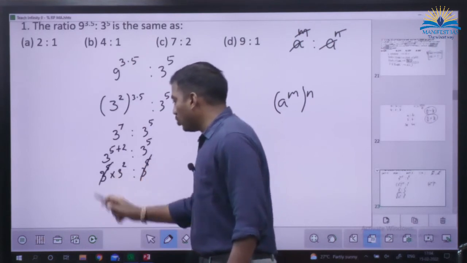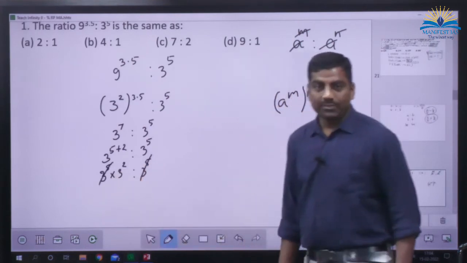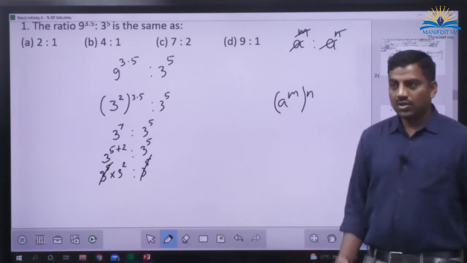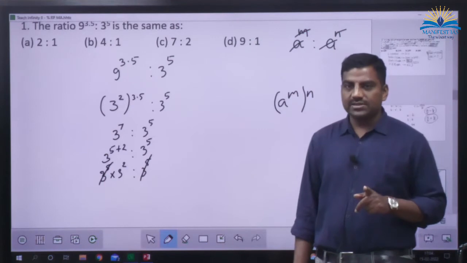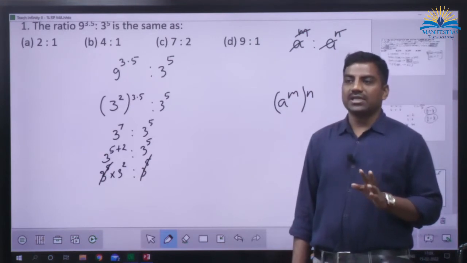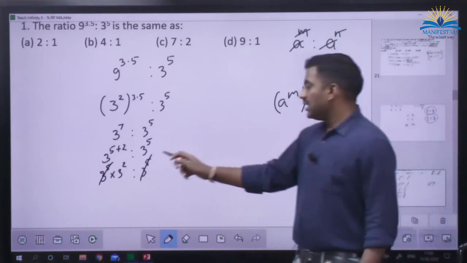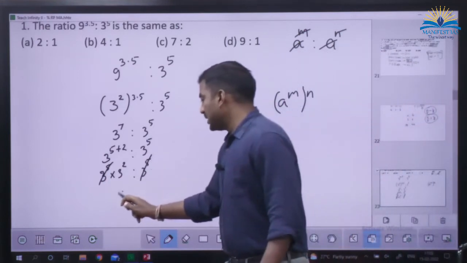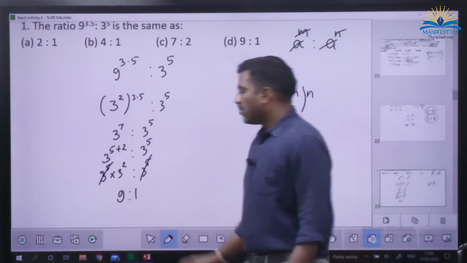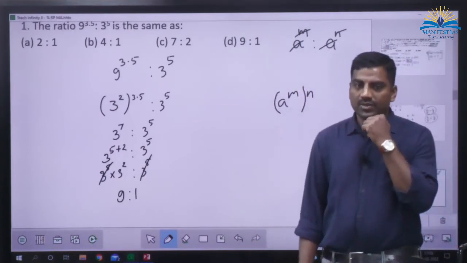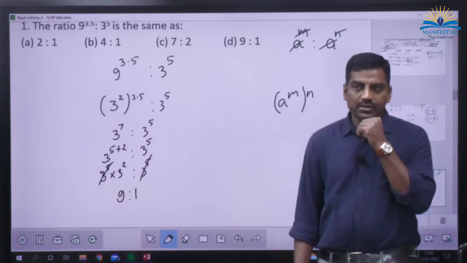Now you cancel both together if they are the same. No individual cancellation of indices, no individual cancellation of bases. That will never happen. Now it is 3 to the power of 2 is to 1, that is 9:1. Understood? Any difficulty? No, right?